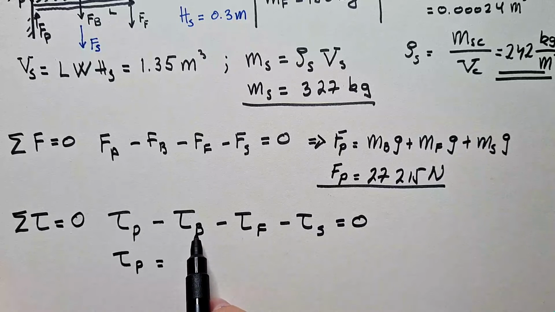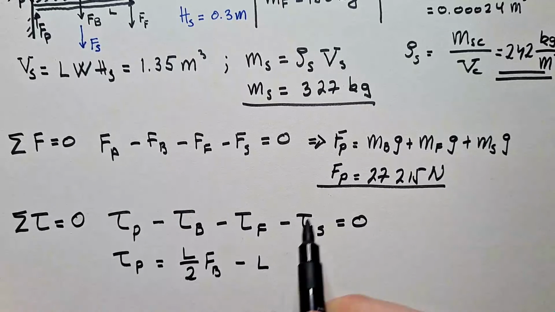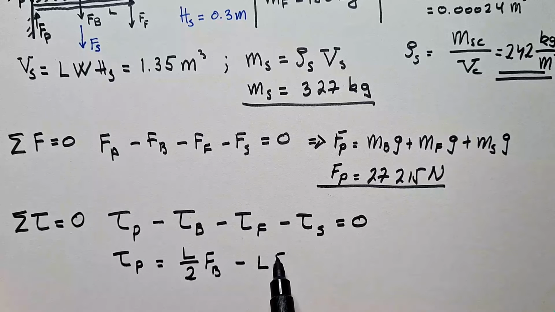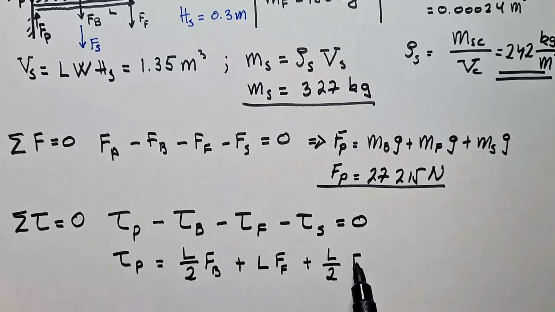The torque due to the balcony is half the length of the balcony times the force of the balcony, plus the torque of the fence, which is the length of the balcony times the weight of the fence, plus the torque due to the snow load, which is half the length of the balcony times the weight of the snow.